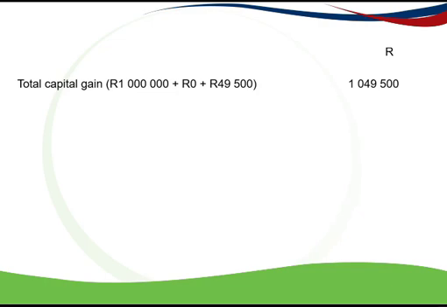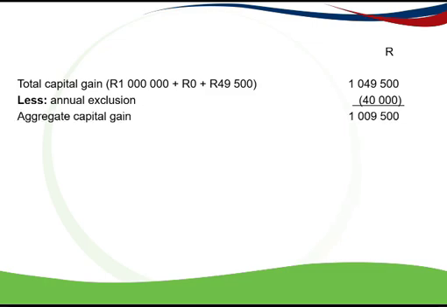That's the 1 million Rand from the small business, naught from the painting, and 49,500 from the business use of the primary residence. She's entitled to an annual exclusion of 40,000 Rand, so that gives us an aggregate capital gain of 1,009,500 Rand.